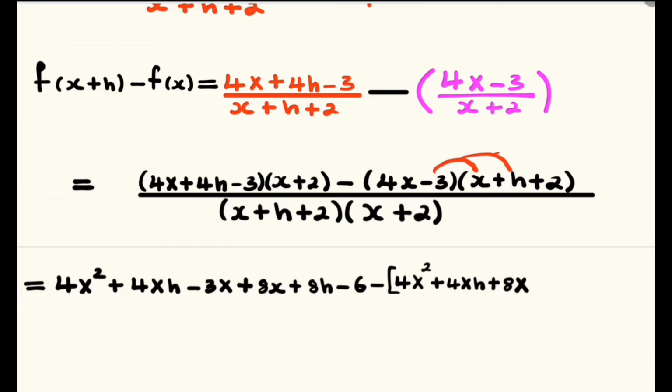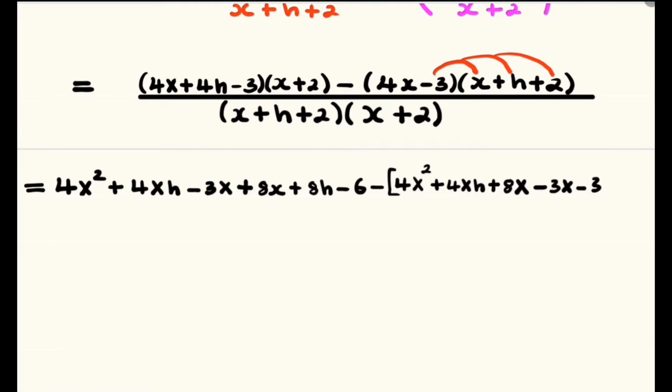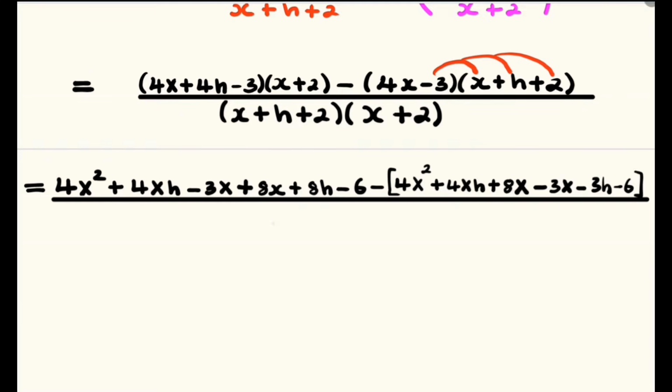Negative 3 multiplied by x will be equals to negative 3x. Negative 3 multiplied by h will be equals to negative 3h, and negative 3 multiplied by 2 will be negative 6. And we are dividing through by x plus h plus 2 multiplied by x plus 2.